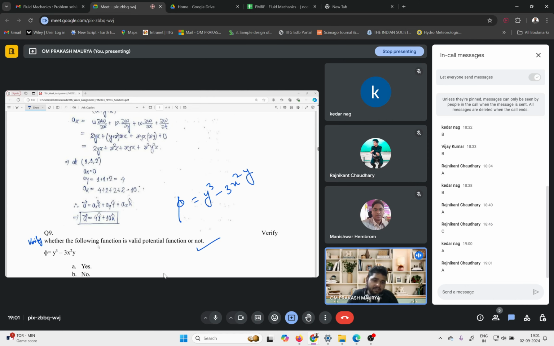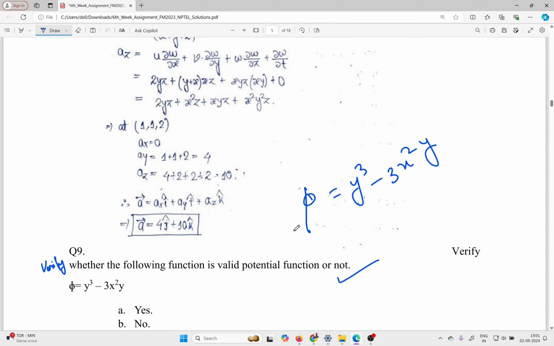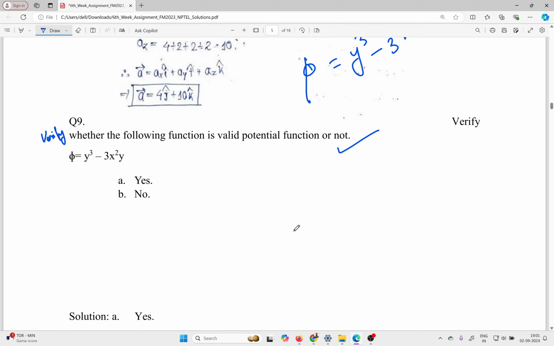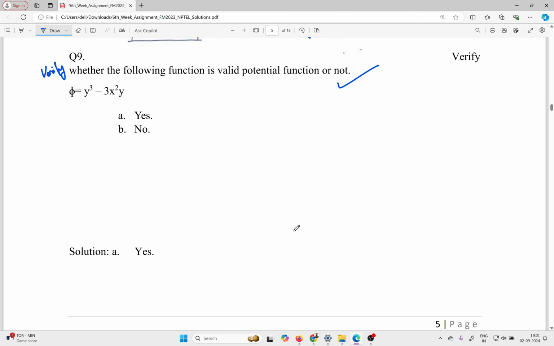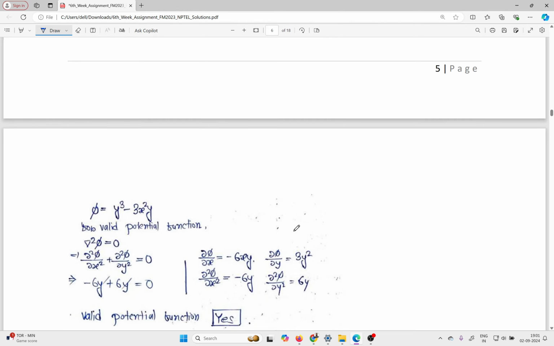Rajnikant is also saying A. Okay, so let me just check. If you are saying A, definitely the answer will be A, but how will you calculate? I want to show you.